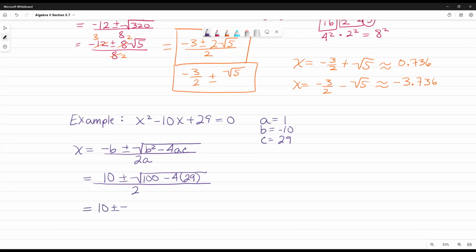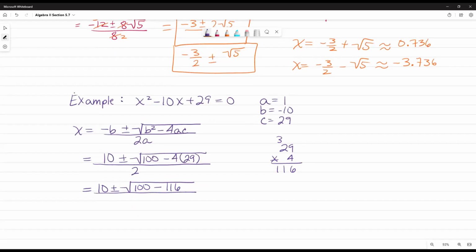10 plus or minus, 100 minus, carry my 3, so 8, 9, 10, 11. So 116, is that what you said?